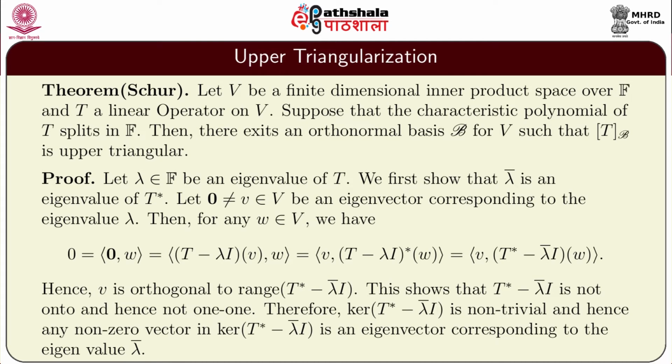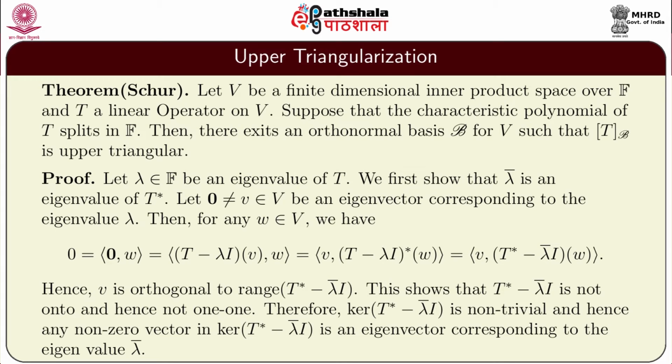Proof: let lambda in F be an eigenvalue of T. We first show that lambda bar is an eigenvalue of the adjoint operator T star. So, we start with v, a non-zero vector, which is an eigenvector corresponding to the eigenvalue lambda.